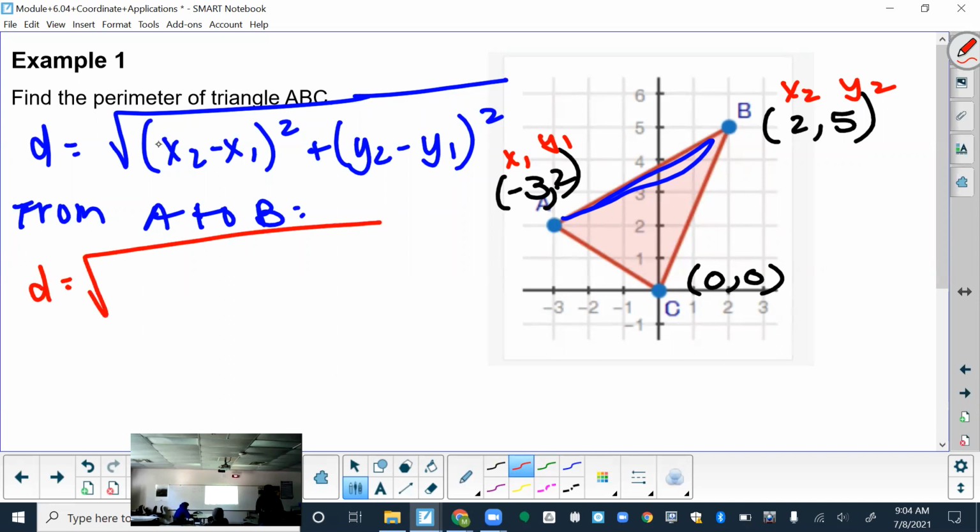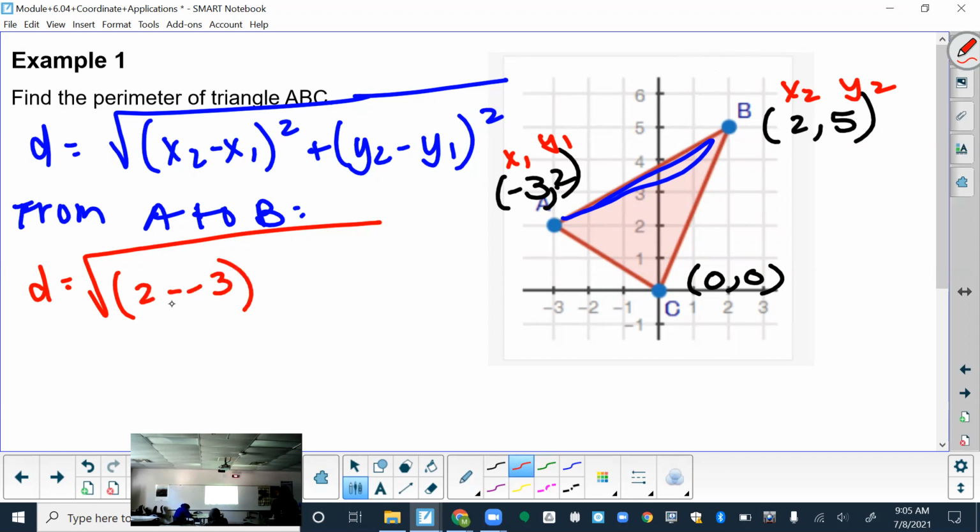All right, so draw your formula just like how it looks up here. Parentheses x2, which we said is 2, minus x1, which is -3.